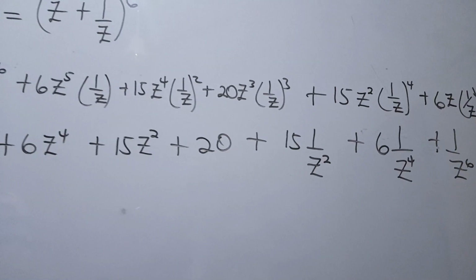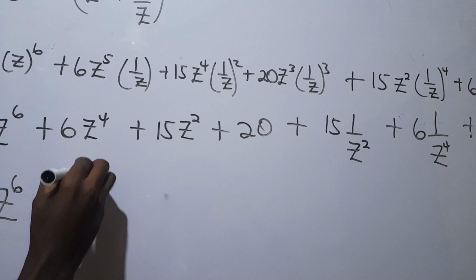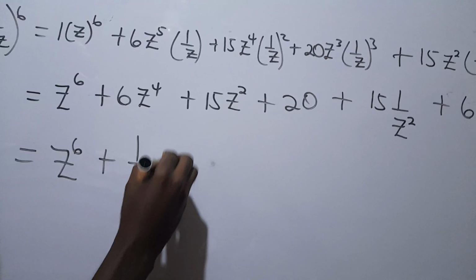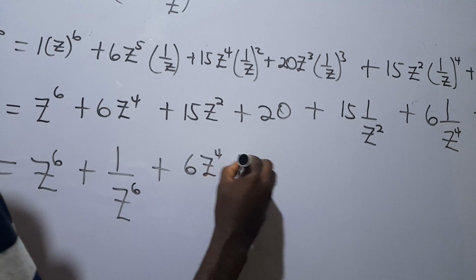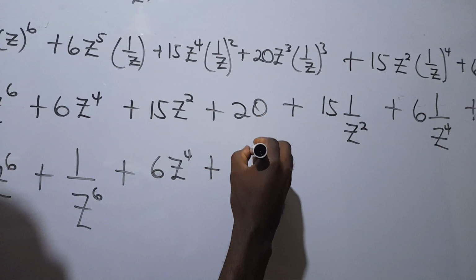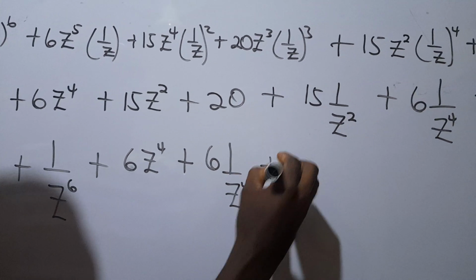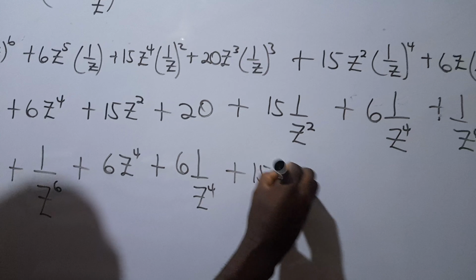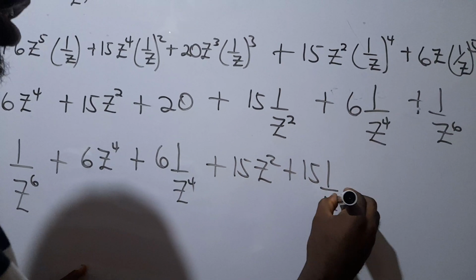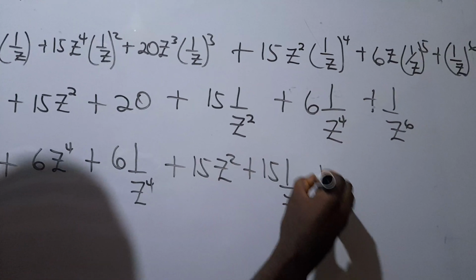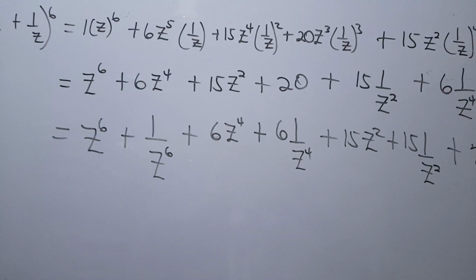Now I want to rearrange this. So I have z exponent 6 plus the last one, 1 over z exponent 6, plus 6z exponent 4 plus 6 over z exponent 4, then plus 15z square, and plus 15 over z square. Then the last one is plus 20. If you do it well, you'll see that it will follow a certain pattern.